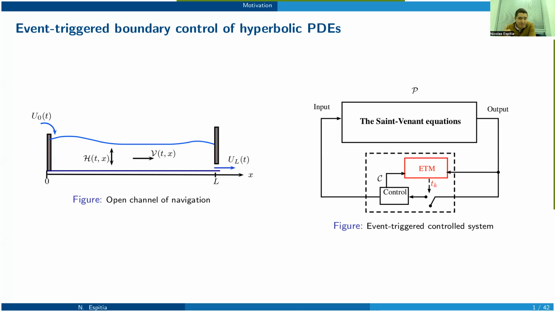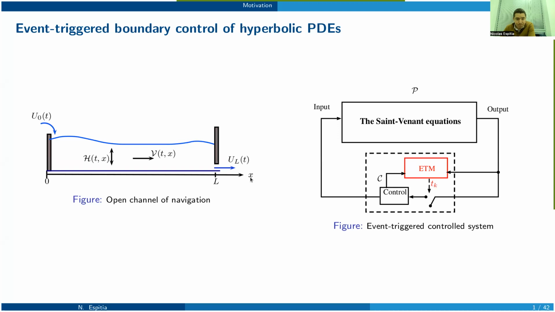And in general, for PDEs, it's been quite challenging to provide constructive ways to select the period in sampled data schemes. And it is here that event-triggered control can play a crucial role, because we can act on the system on events and only when needed, and it is done efficiently because of that.